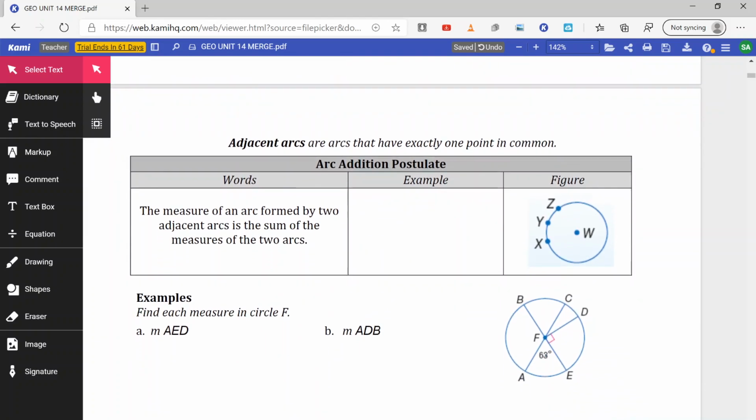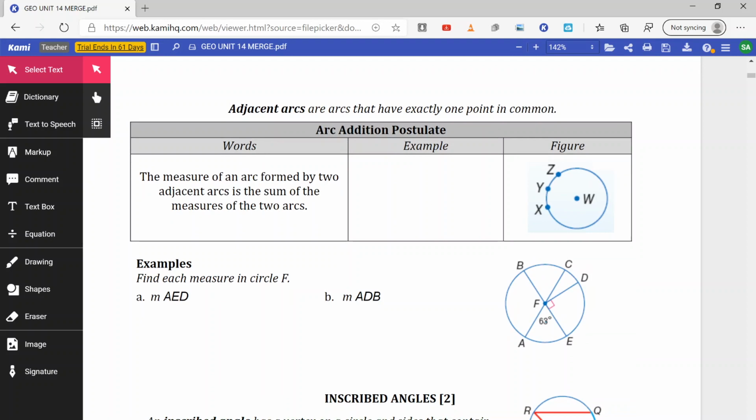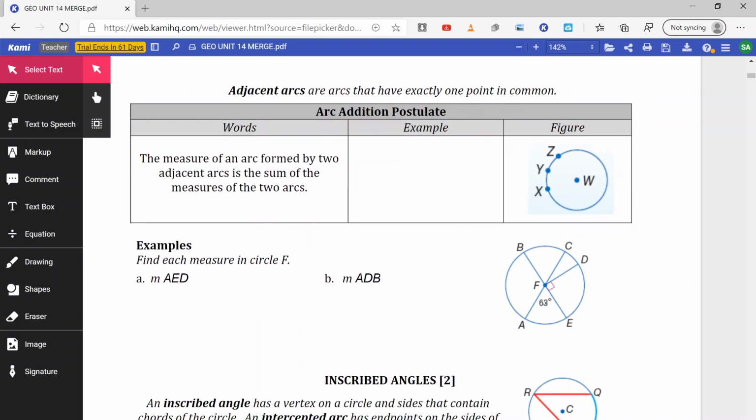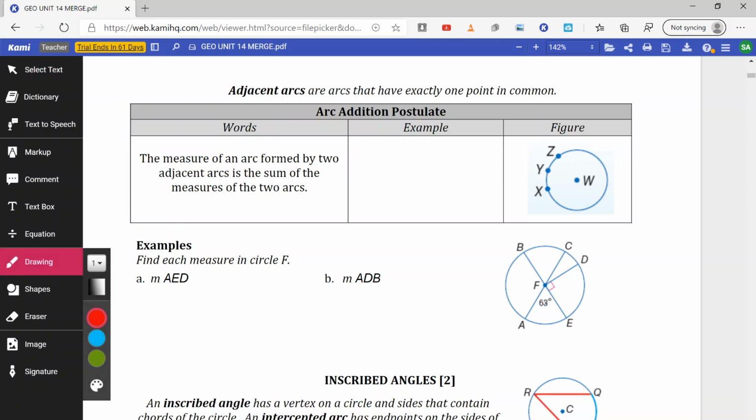Now, adjacent arcs are arcs that have exactly one point in common. So the measure of an arc formed by two adjacent arcs is the sum of the measure of the two arcs. So what exactly does that look like? So here, let's say we have arc X. We have technically three arcs here.